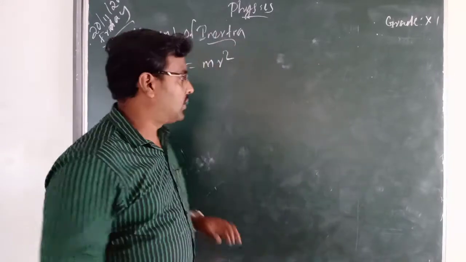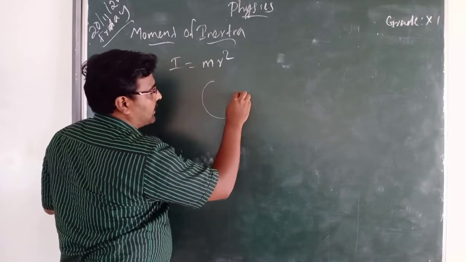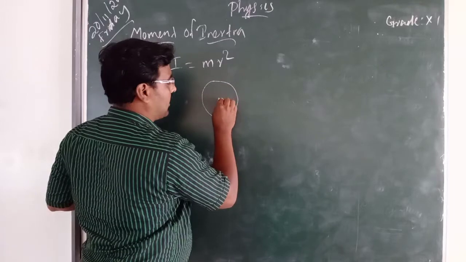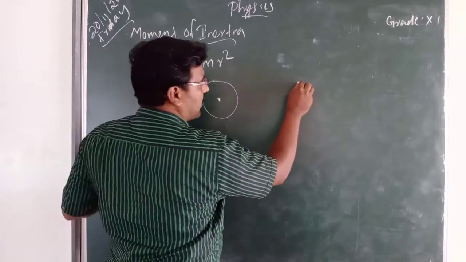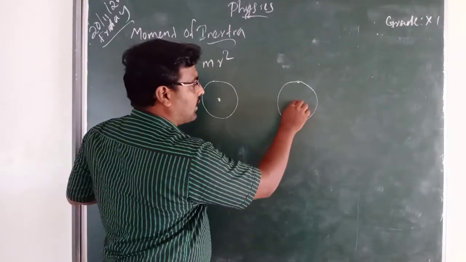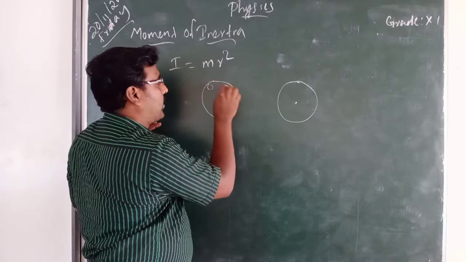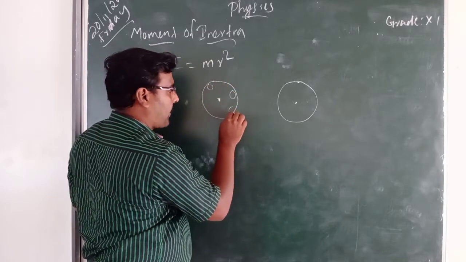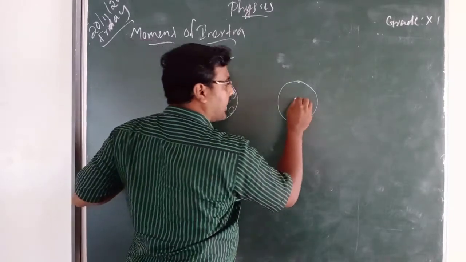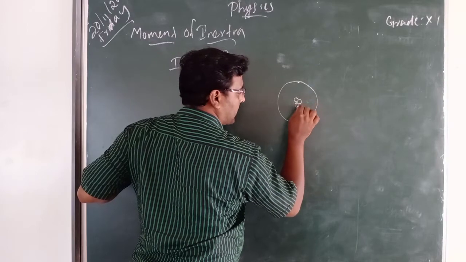I'll show you. Assume that there is a circular object like this, a disc, and here another disc. Two discs are there. Assume that in this disc you have kept some point masses like this, and in this disc you have kept some point masses at this position.